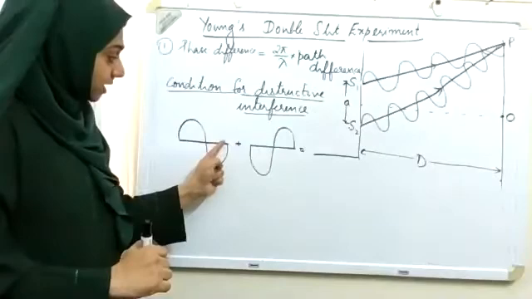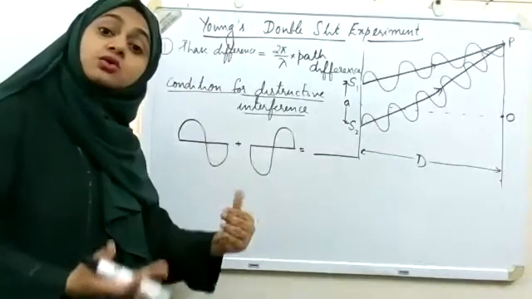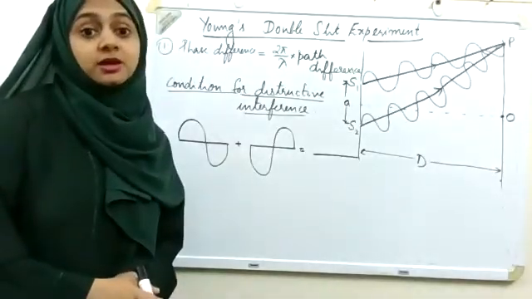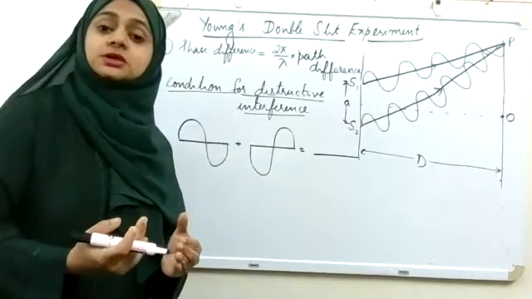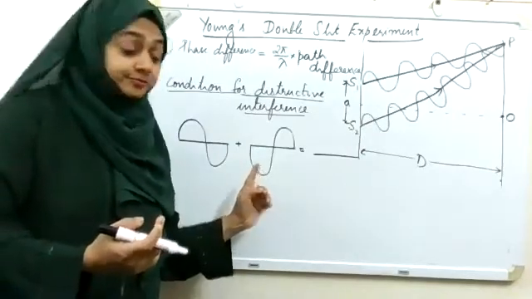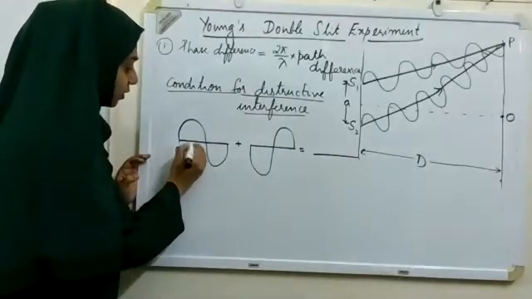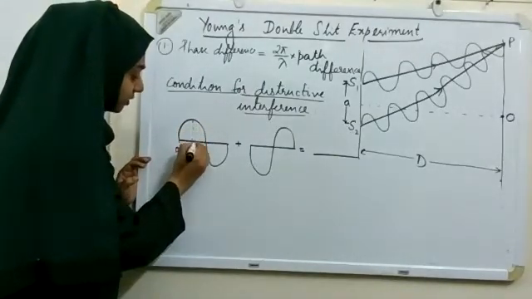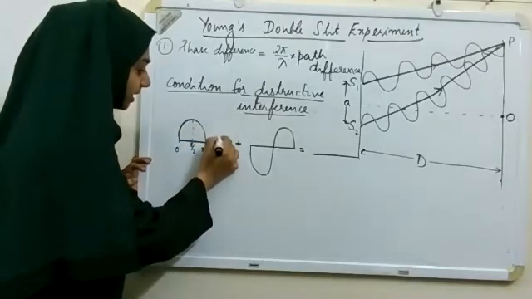So this occurs when the light rays that come together are out of phase by 180 degrees. Or in radians, we can say that the phase difference is pi. Here, you know this angle is 0. This is pi by 2. This is pi. This is 3 pi by 2.